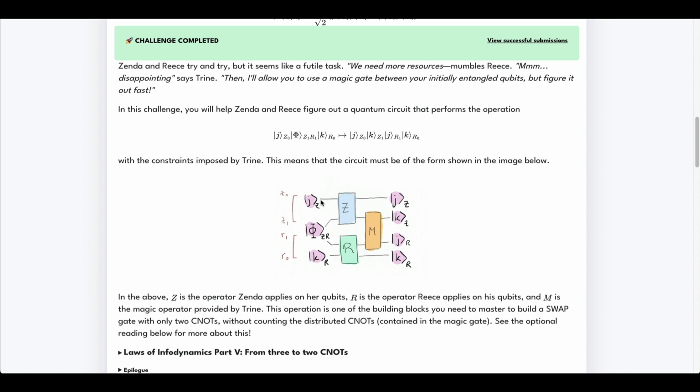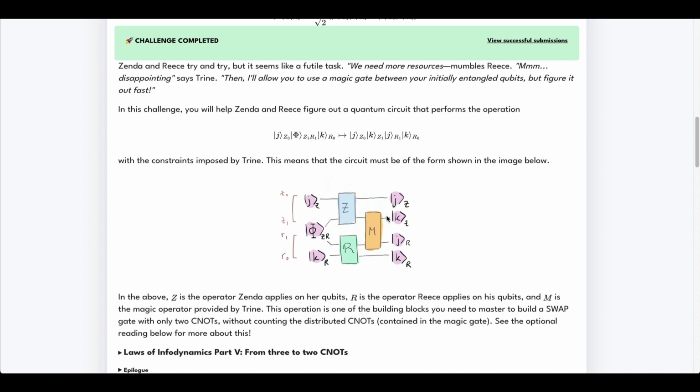Now, this is a very simple thing to do, right? If we wanted to just take this state 0 or 1 and transfer it to this qubit here at the output, all we would need to do is just apply a CX gate with control on this qubit and target on that qubit, and that one initialized at 0.